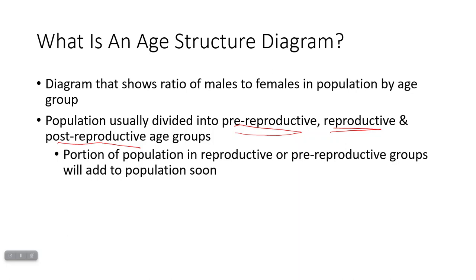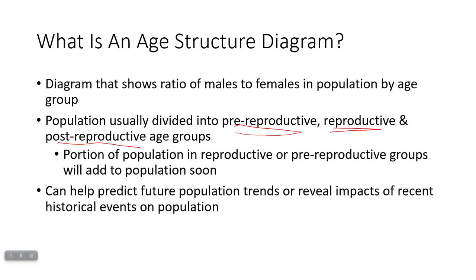If you have a very large part of the population in the pre-reproductive groups, then when they reach reproductive age, you can expect a boom or a large increase in the population. This can help you predict future population trends. So, countries' leadership may look at age structure diagrams and see, okay, are we predicting that we're going to have a rapidly growing population?